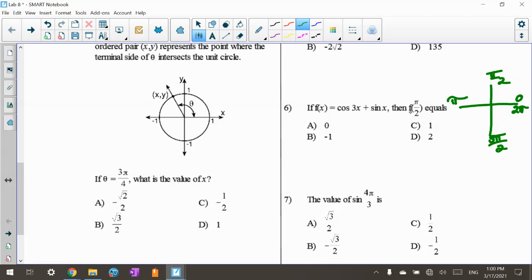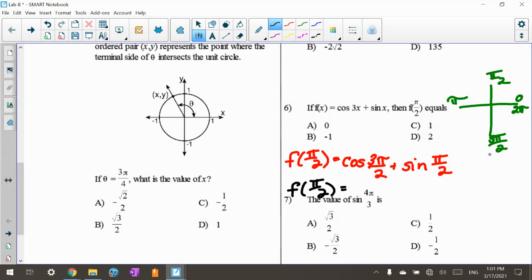But here they want us to do f of pi over 2. So when I do 6, I've got f of pi over 2 equals the cosine of 3 pi over 2, because 3 times pi over 2 is 3 pi over 2, plus the sine of pi over 2. I can tell immediately that these are quadrantal angles, so all I have to do is plug it in.